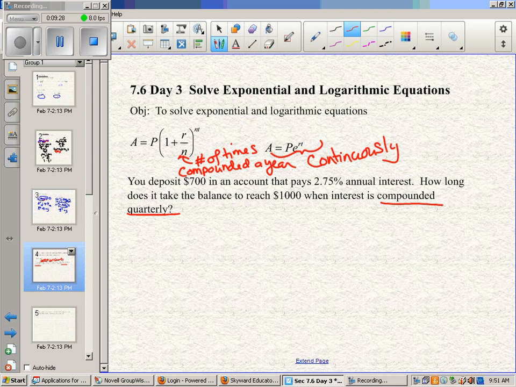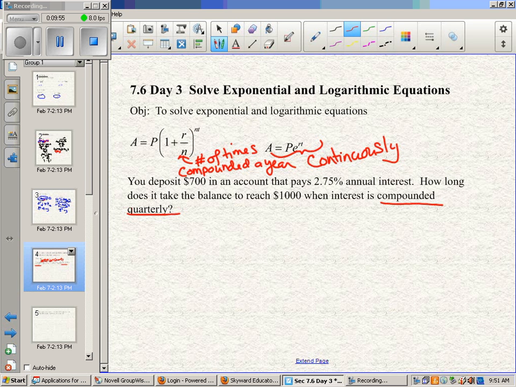Now, one of the issues people were having when we did this last time is they see the word annual by interest, and they get confused on what their n value has to be. All interest, when you're talking banks usually, is said as annual interest. This is the amount of interest we will give you for the year. It's a rate that they're going to calculate it at for that year.